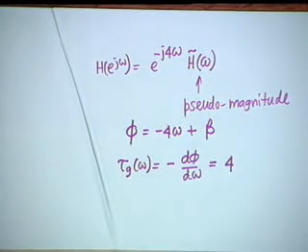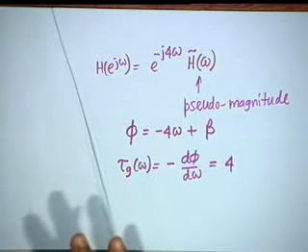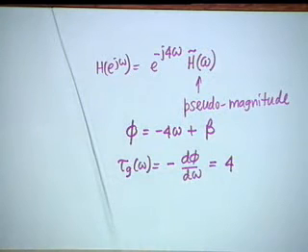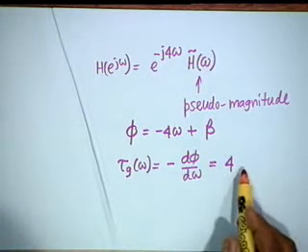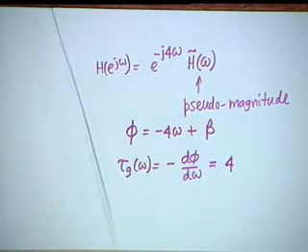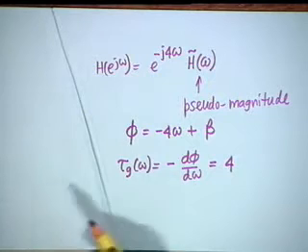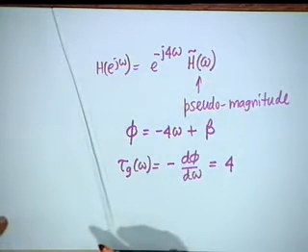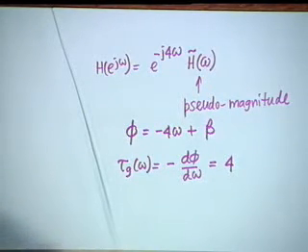So 4 samples of delay suffered by all frequencies passing through the filter. However, there is something fishy about it. I have concealed something. Wherever there is a phase transition, you cannot differentiate, right? There will be a delta function there. So this 4 samples of delay is in the piecewise linear regions of the phase. Is it clear?